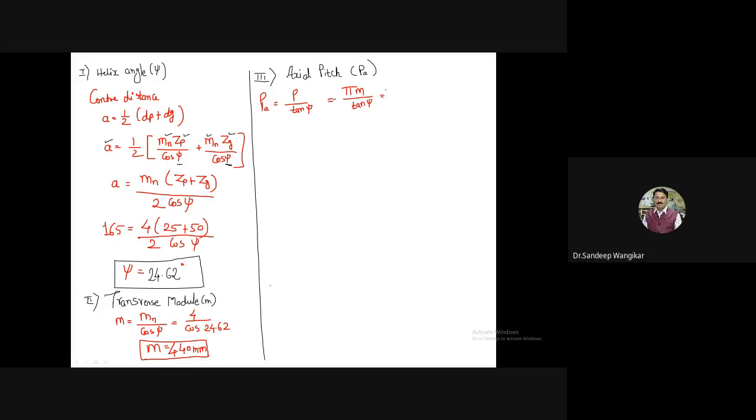Substitute the values: pi into 4.40 divided by tan of 24.62. You will get PA in millimeters.